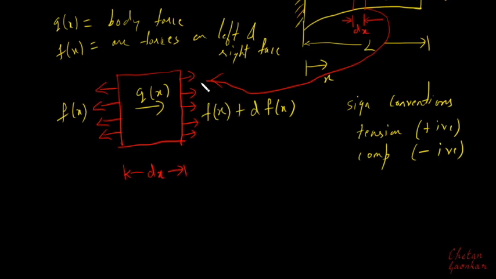Now, for this element to be in equilibrium, we know that the summation of forces in the x direction should be equal to 0. Since this is a one-dimensional problem, we are not worried about the summation of forces in the y direction. In fact, there won't be any forces in the y direction because we have assumed it to be a one-dimensional problem.